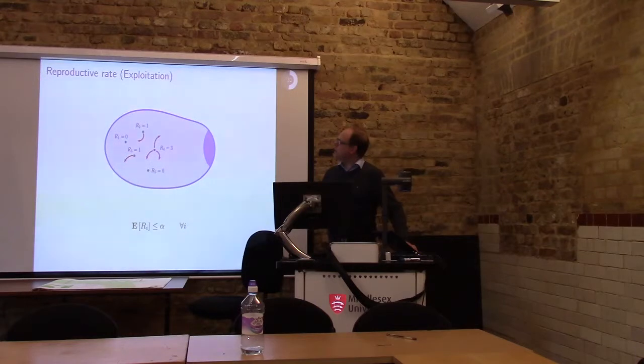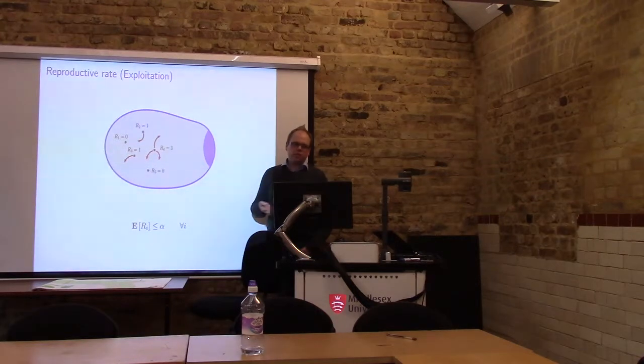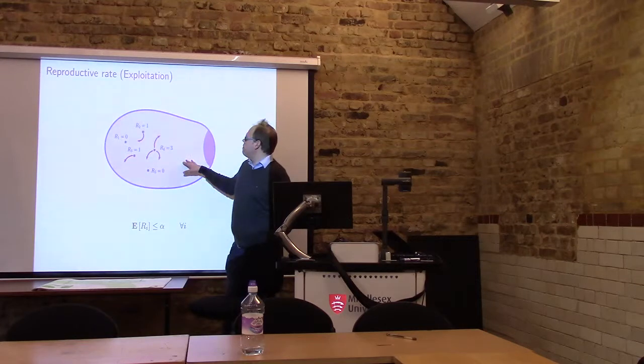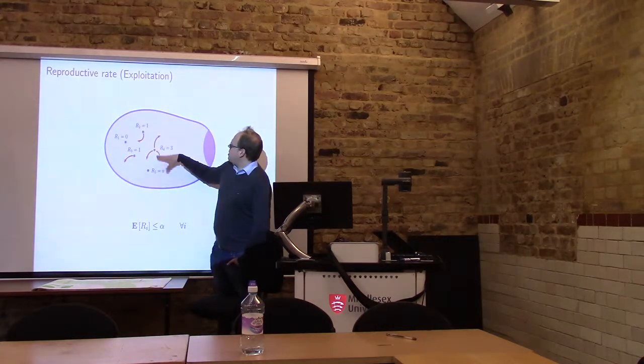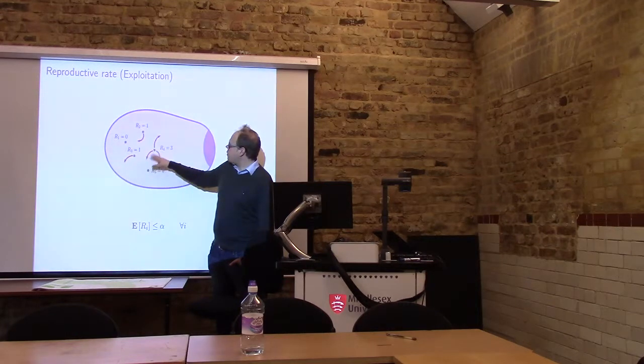The second thing you need to calculate is what I call the reproductive rate. This tells you something about the strength of your selection mechanism. Think now about the population. Some individuals might be better than others, so the selection mechanism will create more offspring from certain individuals.